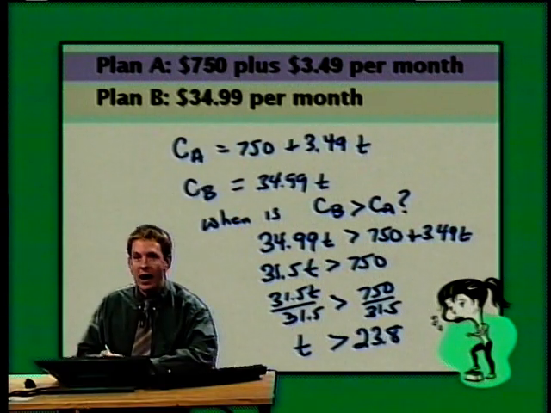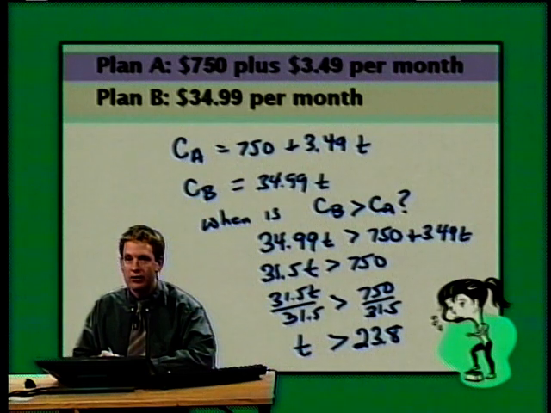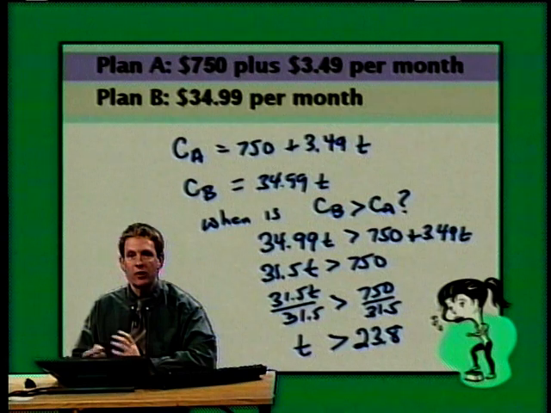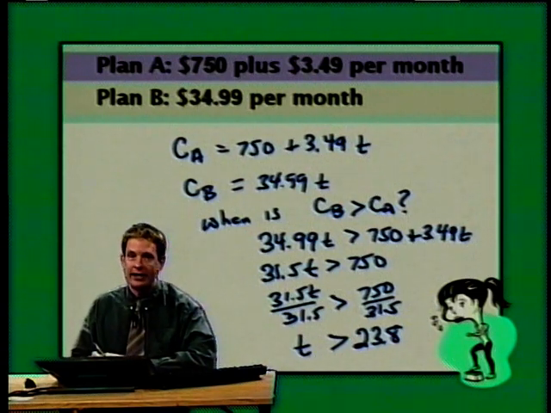And I can go ahead and say that T needs to be greater than 23.8 because I'm looking for a number of whole months. So even though I rounded, I am going to get an accurate answer to the question that was asked.